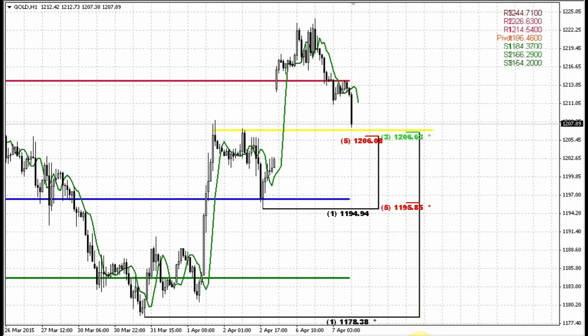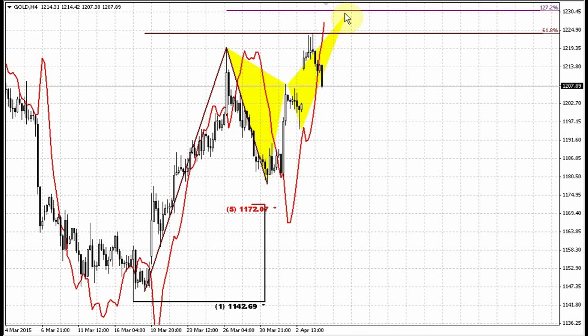On the 4-hour time frame chart, guys, we have a not quite completed butterfly pattern, and theoretically we can't exclude that the market could form something of a rising wedge here and complete with this 127 extension and turn to the downside. Maybe this will be not the 3 drive, but a wedge pattern.